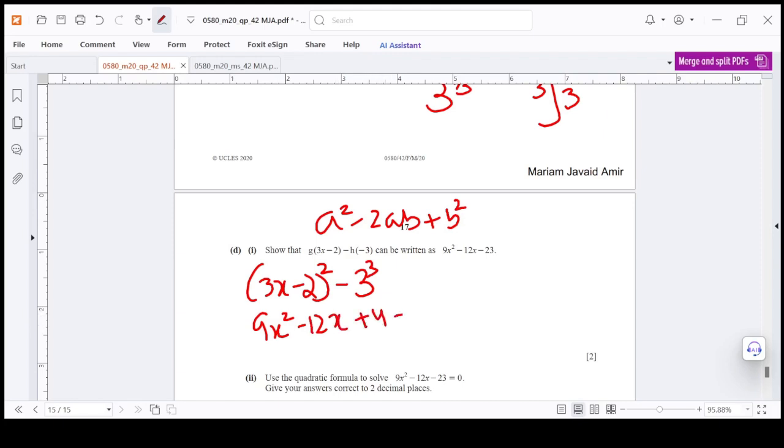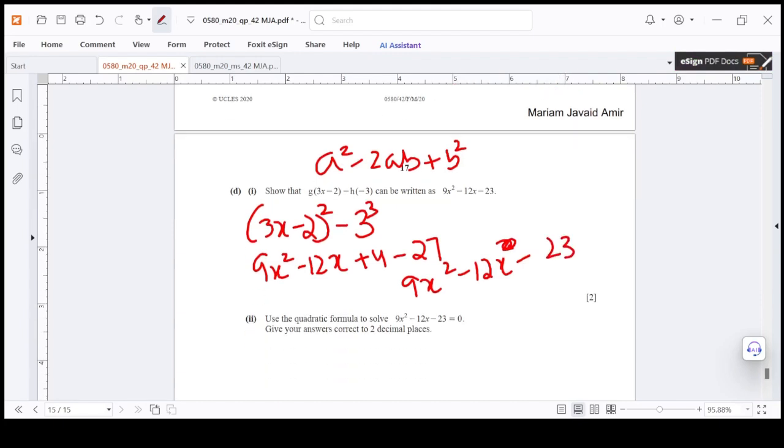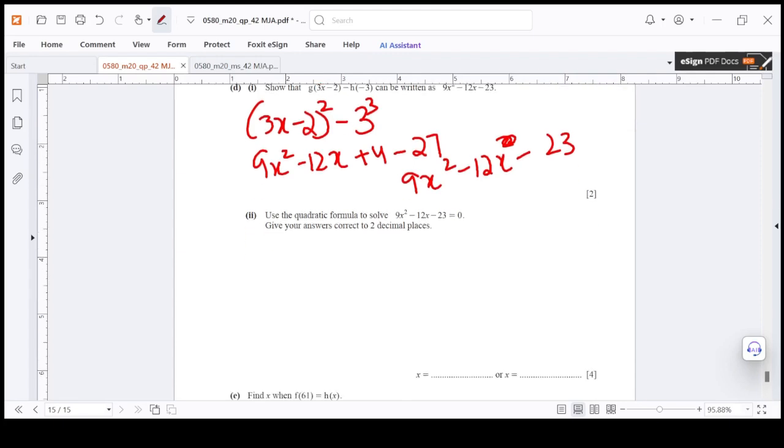Plus 4 minus 27. So that gives us 9x squared minus 12x plus 4 minus 27, that is 9x squared minus 12x minus 23. So we've shown that.